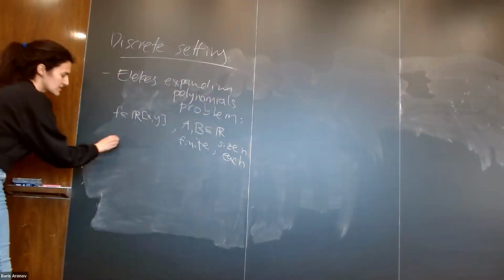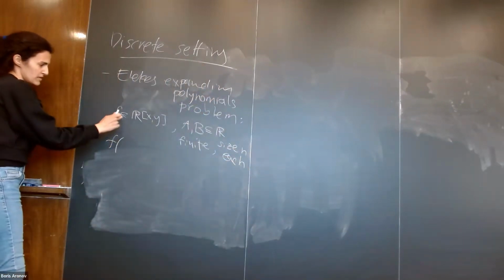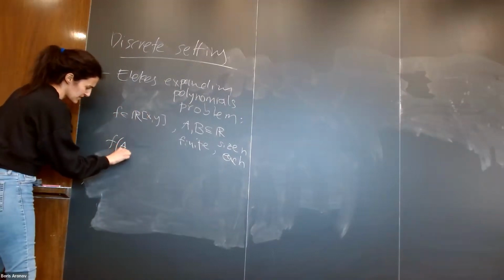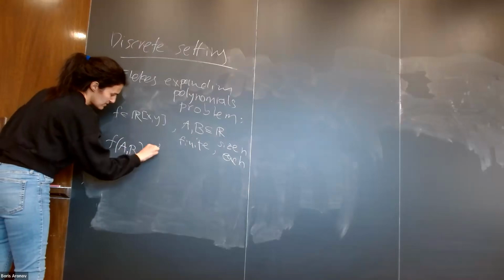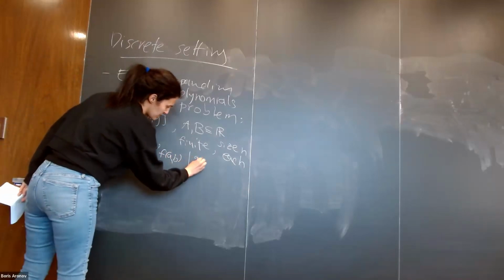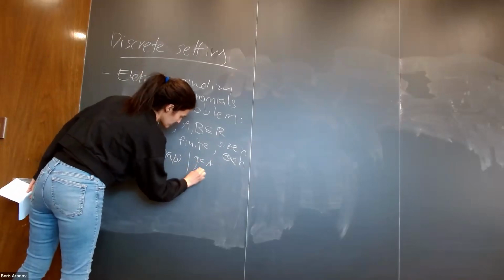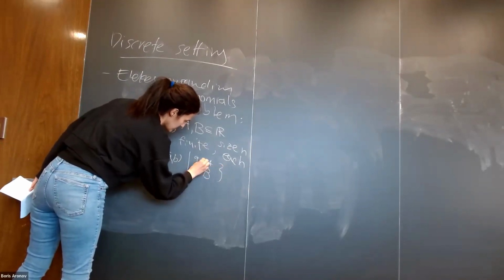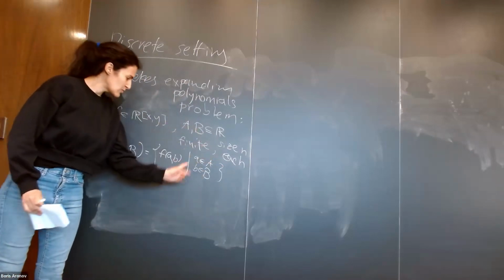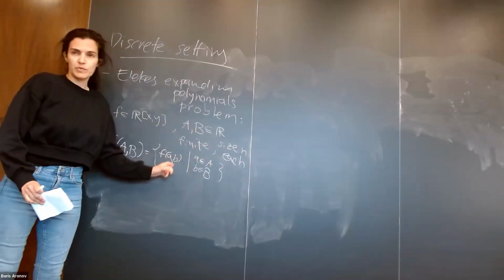And what we're interested in is the image set of A Cartesian product B under the function, f of (a, b), where a is from A and b is from B. And so if each of these sets is of size n, we consider here n squared pairs.